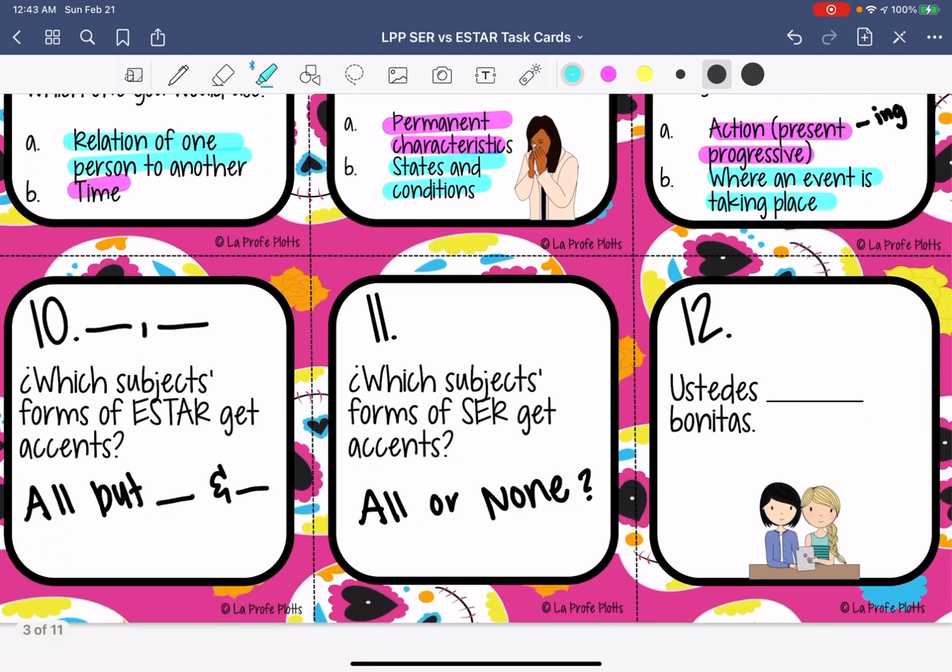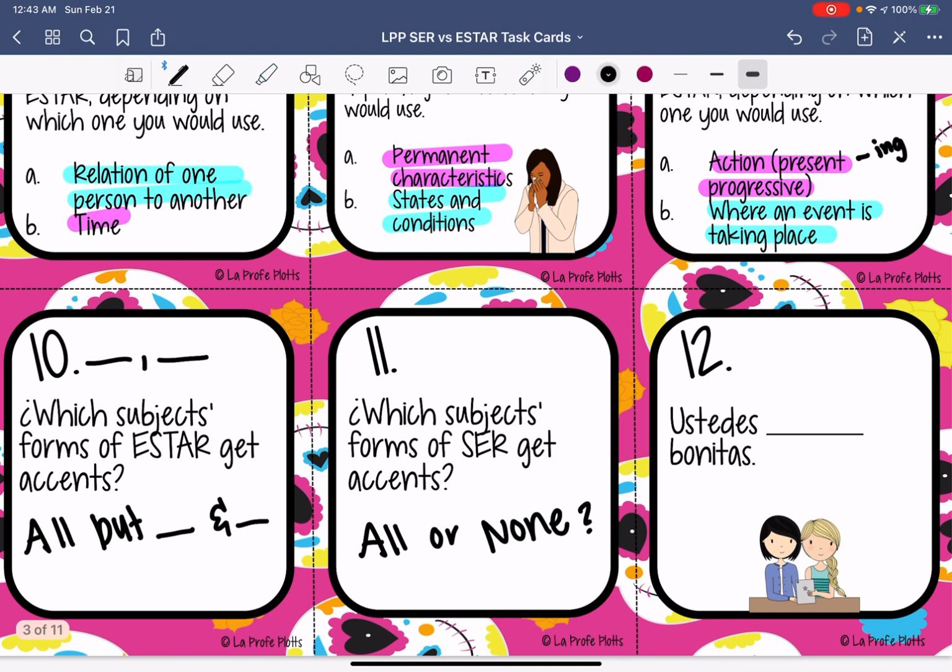Okay. Número 10. Which subject forms of estar get accent marks? So what you're going to type is all but blank and blank. So I'm telling you that estar uses an accent mark in all but 2 subject pronouns.